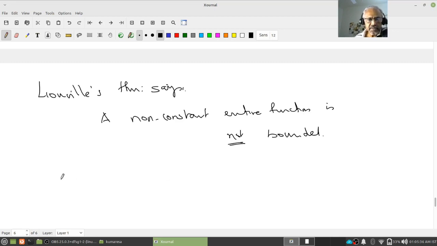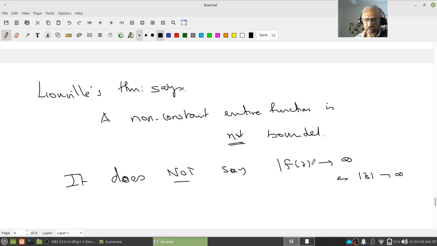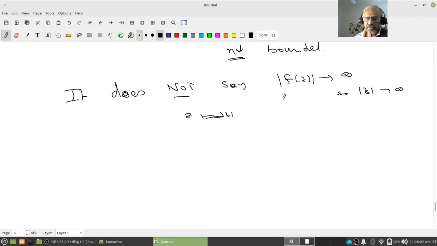It does not say f of z goes to infinity as mod z goes to infinity. Remember, mod z is a real number, right? Therefore, for real numbers, you should know what this means: given any positive m, there is a positive r, so that mod z greater than r implies mod of f of z is greater than m. It does not say this.